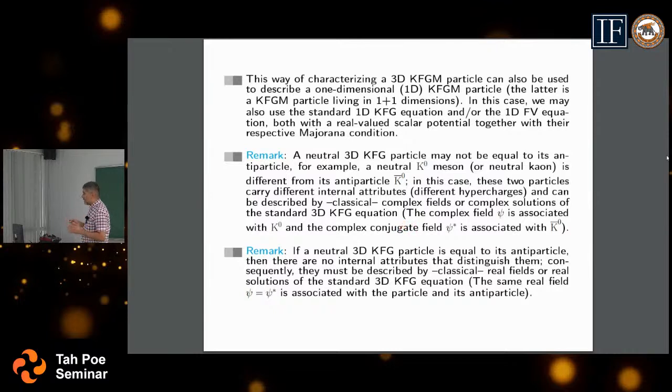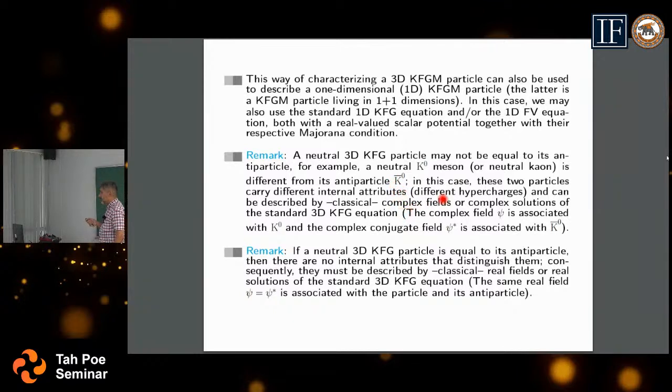Let me make a remark here. We have spin 0 in 3+1 dimensions, but we can also have neutral particles that are not equal to their antiparticles. A classical example is the neutral K0 meson. K0 is different from K0 bar.